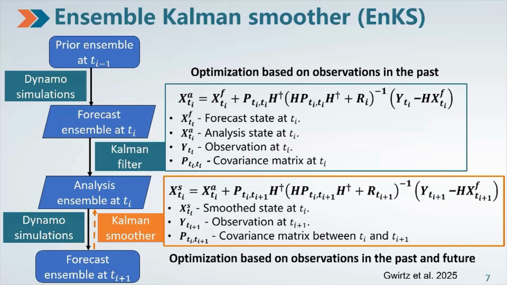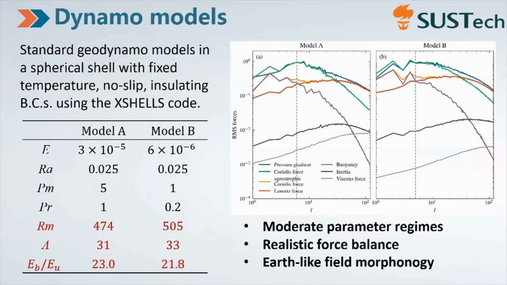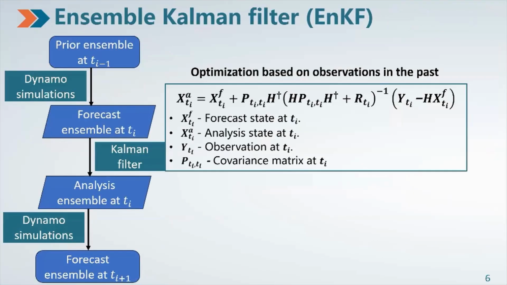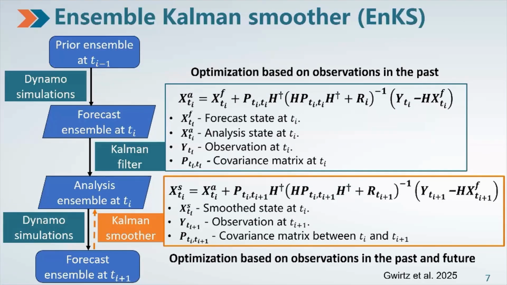In this talk, I will present one more exercise. The classic EnKF only uses observations from the past. But if we do one more exercise, after the analysis at t_i you make a prediction at t_i+1, and then you do one more step. You use the observation at time t_i+1 to do another reanalysis.